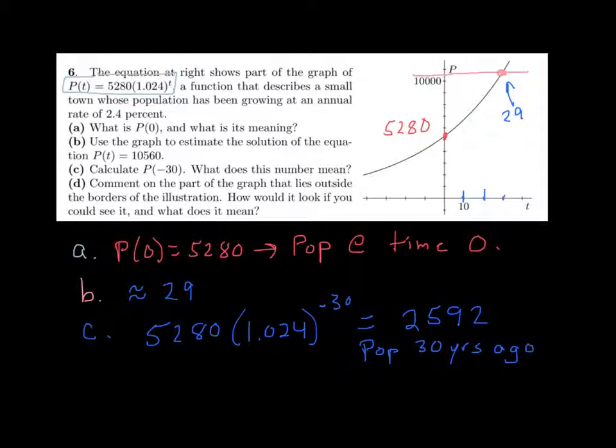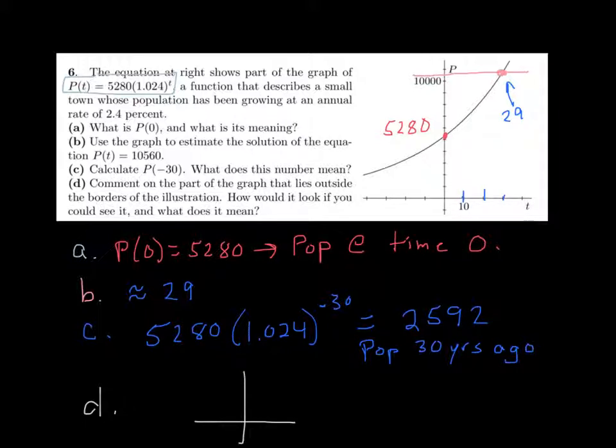All right, D, comment on the part of the graph that lies outside the borders of the illustration. How would it look if you could see it, and what does it mean? Basically, it's asking what the graph is going to continue to do. Go upward.